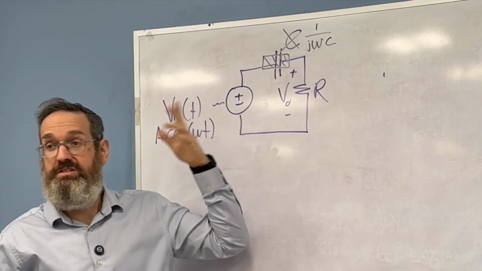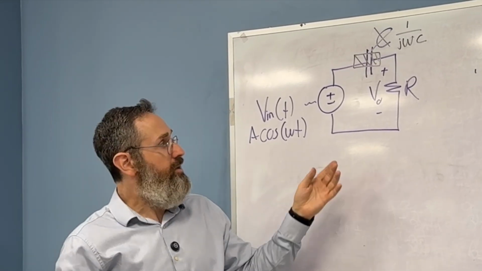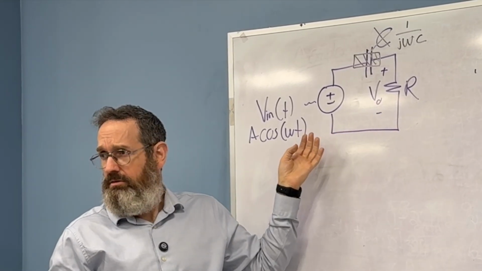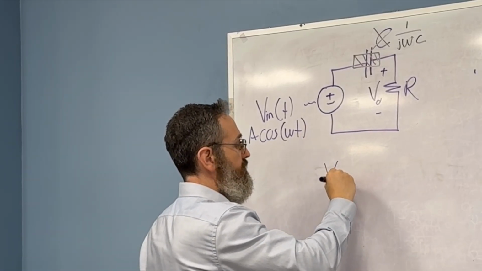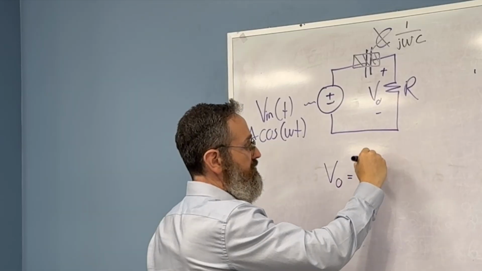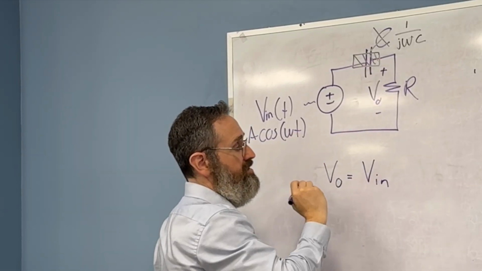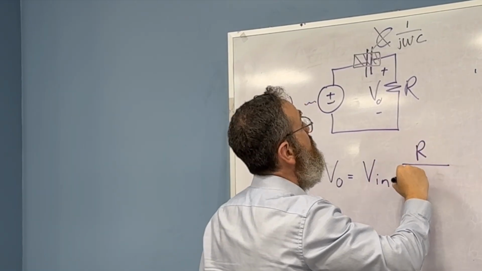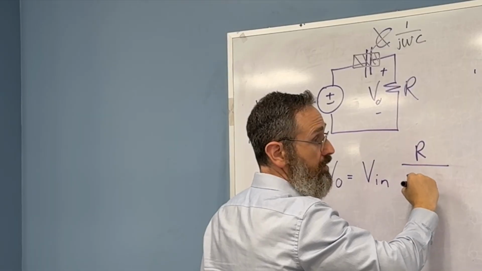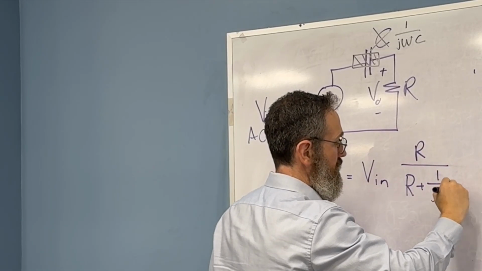So this is now a resistor with this odd value. Well, this is a voltage divider, so we can go in one step to V out is equal to V in times this resistance over the sum of the resistances. So that's going to be R over R plus 1 over JWC.